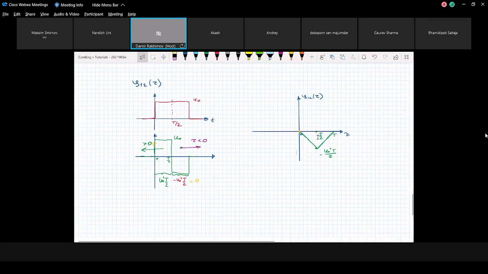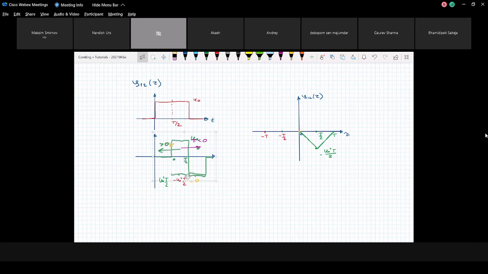So this is what we have. And when we go to the range of negative delays, if we consider minus T/2, and then the point minus T, it means that you shift the signal to the right. What will be the result? Will it be plus or minus?